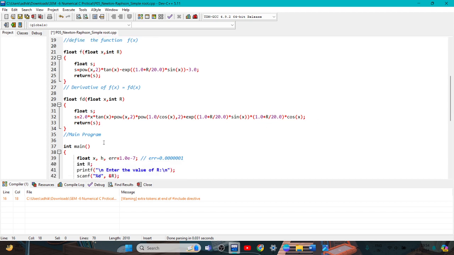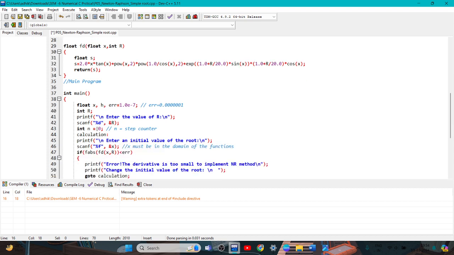And this is the main program, the integer main. Here x, h and error are float type variables, and we define error equal to 0.0000001, that is 1.0 e to the power minus 7.